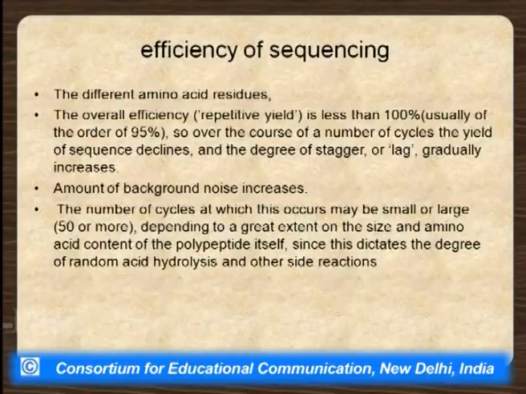So, as more and more cycles are introduced, the yield of sequences will decline, more lag will occur and background noise will increase. The number of cycles at which this will start occurring will be 50 or more, and this will depend to a great extent on the size and the type of amino acid content of the polypeptide itself.